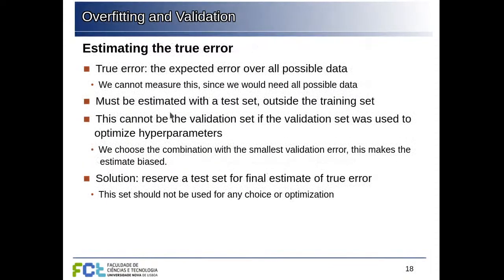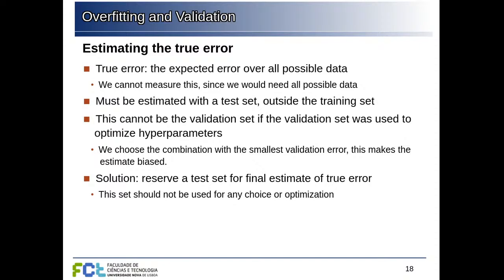Then there is an additional problem here, which is getting an estimate of the true error. Even after all this fine-tuning, when we have trained our model and we have the final hypothesis, our network fully trained with all the parameters, we may want an estimate of what the error will be when we apply this network to make predictions in the future.